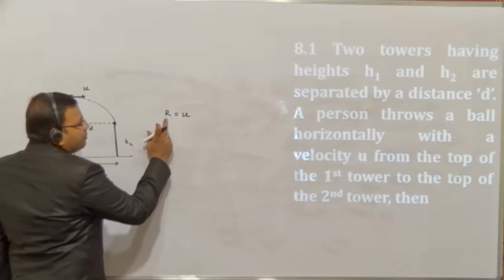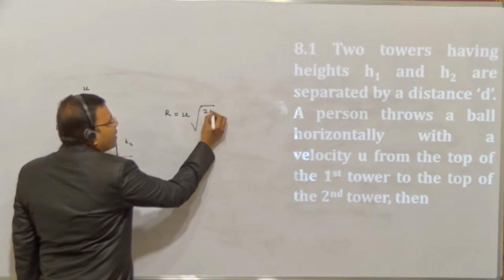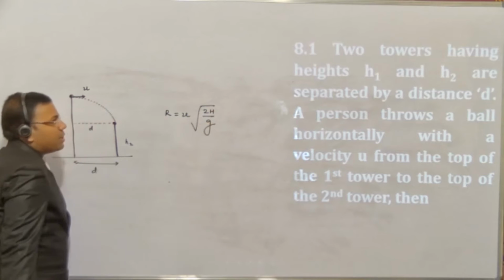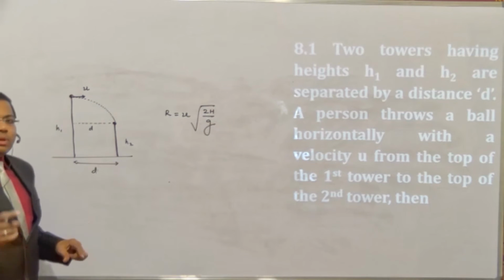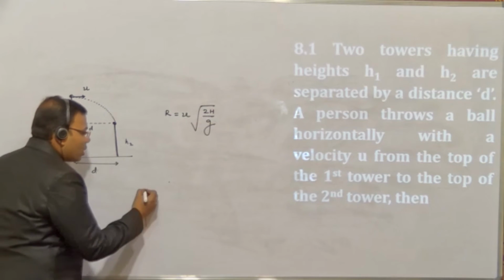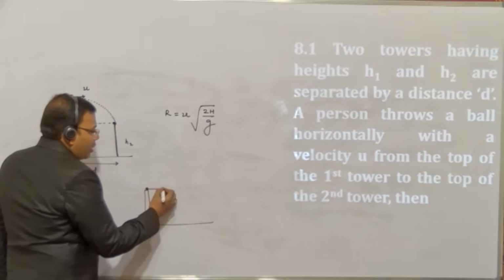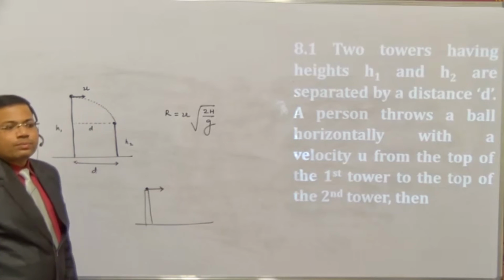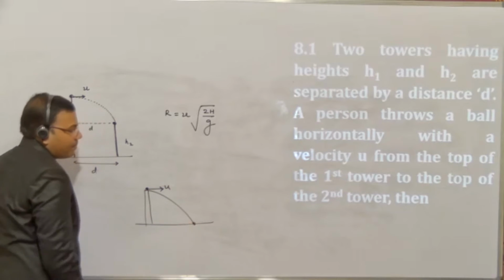So here, R is equal to u into the formula we have already seen, root of 2h by g. Is it not similar to the condition we have seen? You will remember, this is u, and we projected it like this.